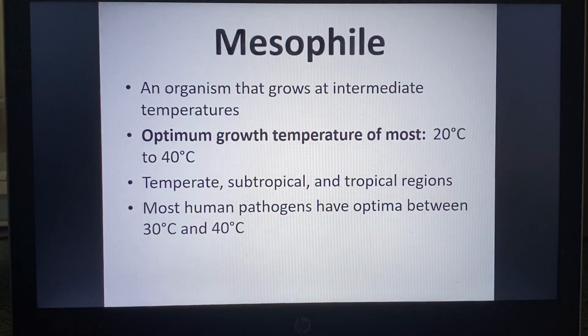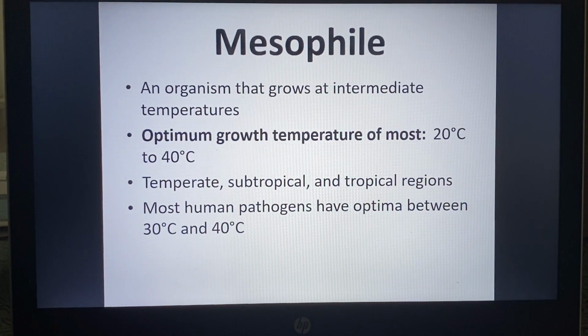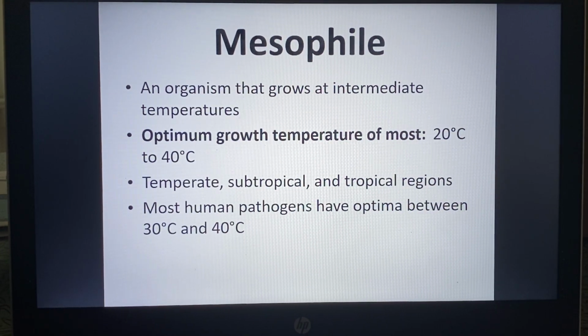So now let's move on to mesophiles. So meso just kind of means middle. So this is an organism that grows at intermediate temperatures. These are organisms that can grow outside in very temperate climates like Iowa in the spring and summer. And these tend to fit into categories of organisms that have optimum growth temperatures of between 20 to 40 degrees Celsius.